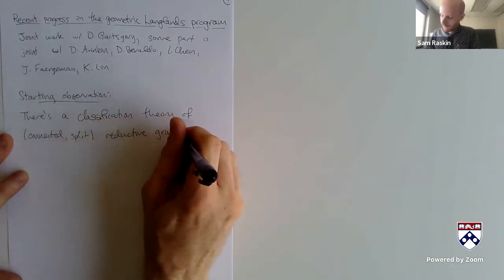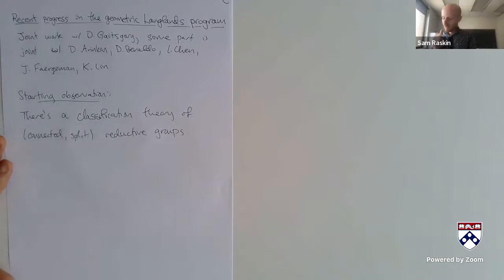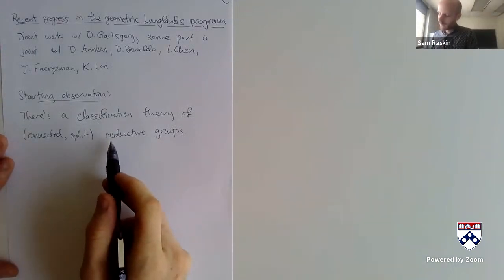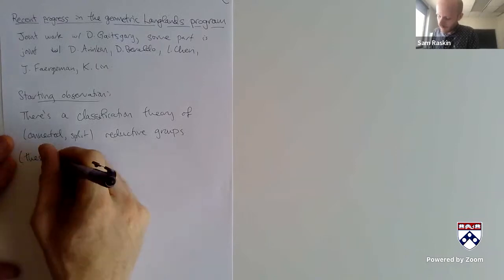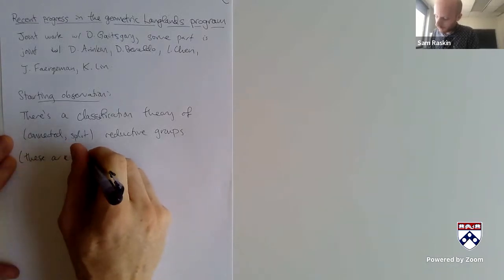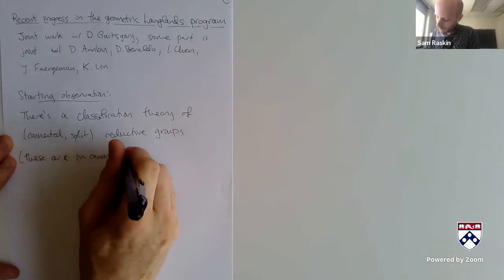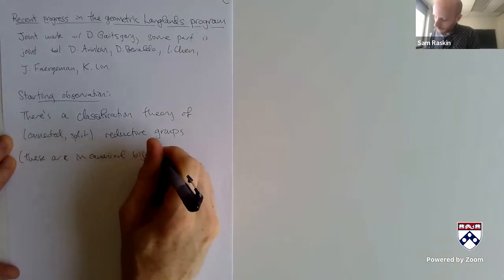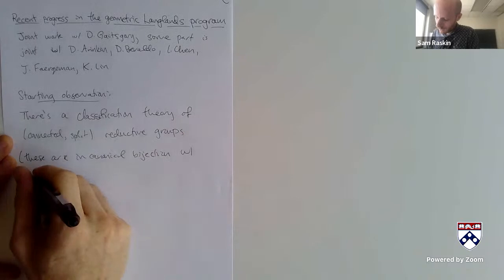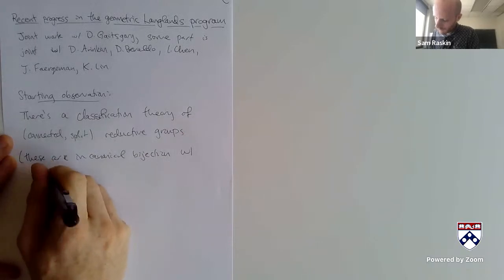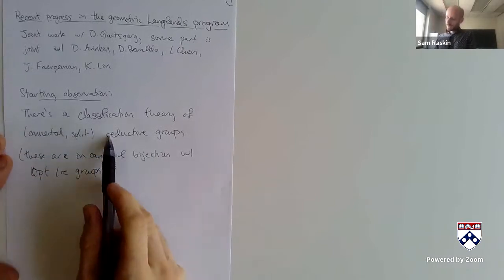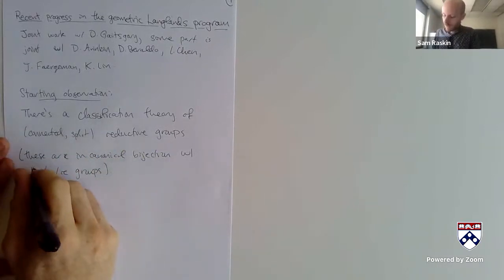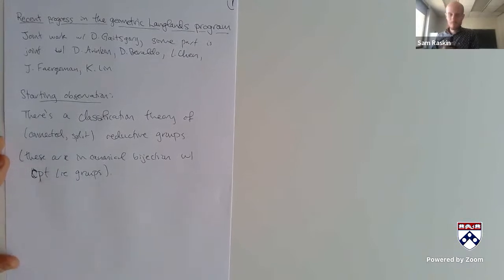I say reductive groups because I'm an algebraic geometer, but these are in canonical bijection with connected compact Lie groups. So if reductive groups sound scary to you, you should think in terms of compact Lie groups instead.